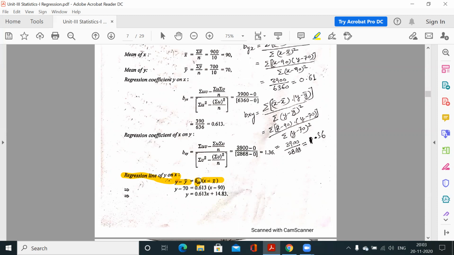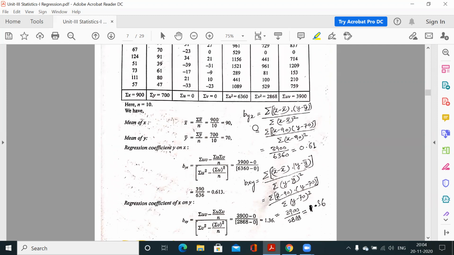Next, the question is how to find out b y x. We have three types of formulas for b y x. First is using the exact mean, x bar and y bar. Second is the shortcut method using the assumed mean, and third is without using any mean. In the first question we are using the first formula, that is, using the actual mean.